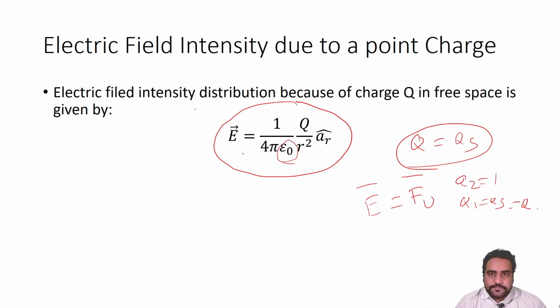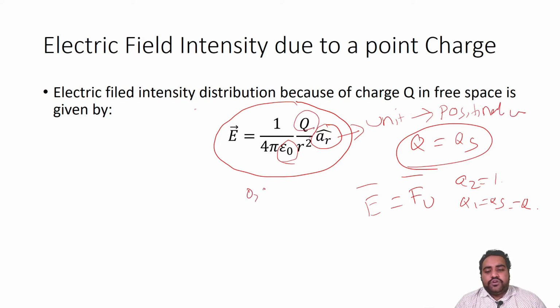Remember, where a_R cap is the unit vector along the positional vector, where the charge Q is assumed to be placed at the origin and the positional vector is any vector joining the origin to the test point. Hope this is clear.